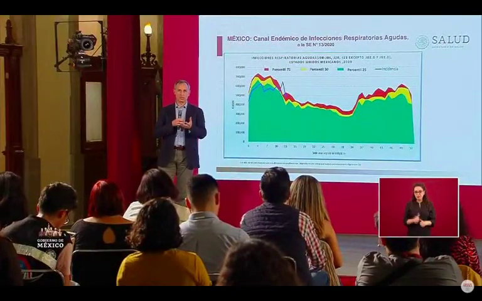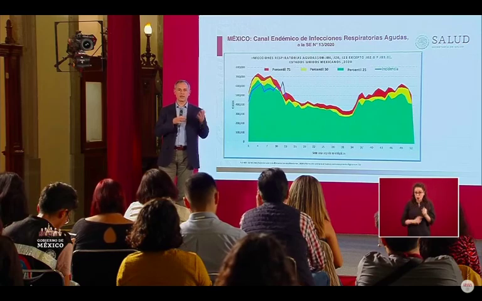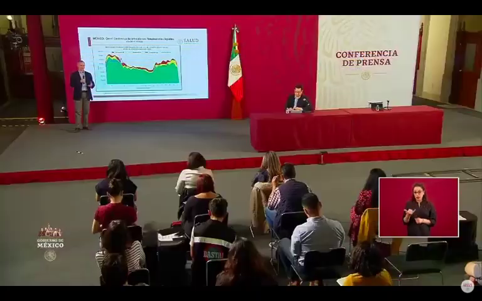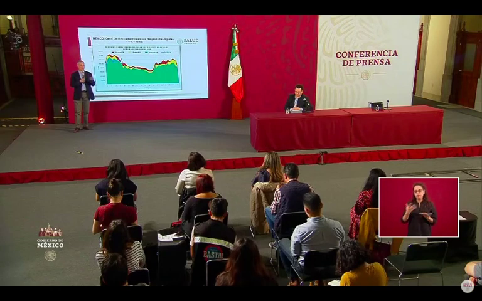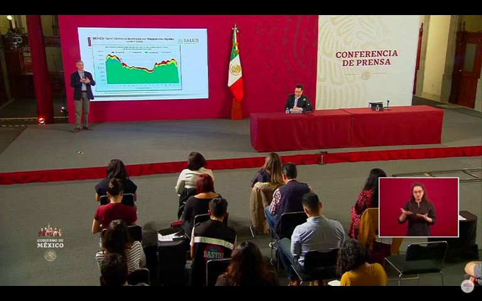For example, the general recommendation is that if you're a young person who has no chronic diseases, no pre-existing conditions, you're not a pregnant woman, and you start to show symptoms, you should go home and isolate yourself, because you will have a natural recovery process.